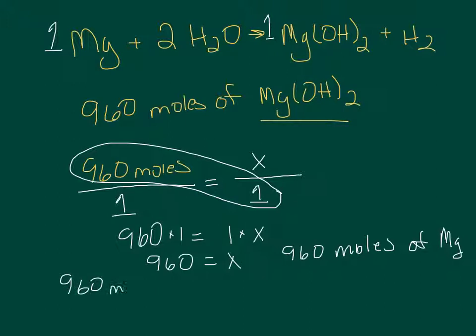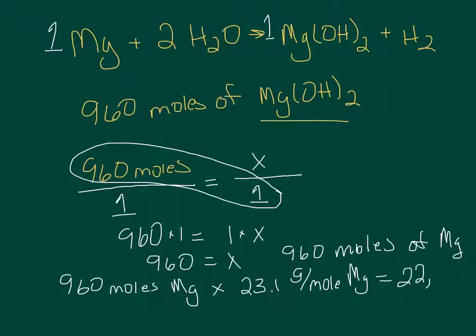Now my step 5 is to convert 960 moles back into grams of Mg. 960 moles Mg, magnesium, times 23.1, which is the AMU of magnesium, and it's grams per mole of magnesium equals, using my calculator, I got 22,176.